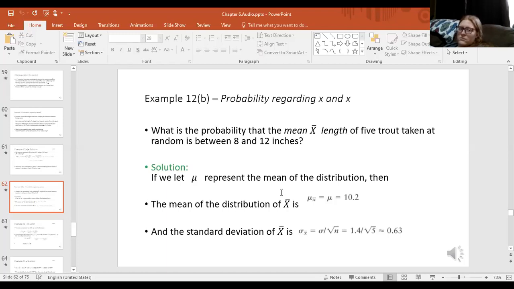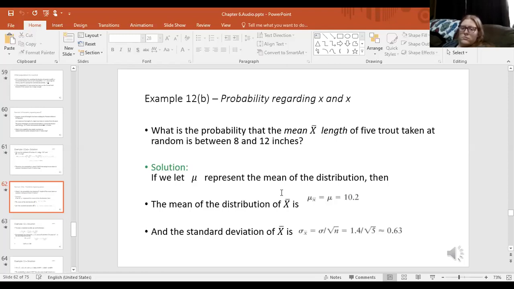Maybe I should teach you how to use your calculator to do that. You will do 1.4 divided by, you see division, then press second function. To get square root, you press second function and x squared, and then you type 5. So you have 0.626, which you can see on the screen there as 0.63.